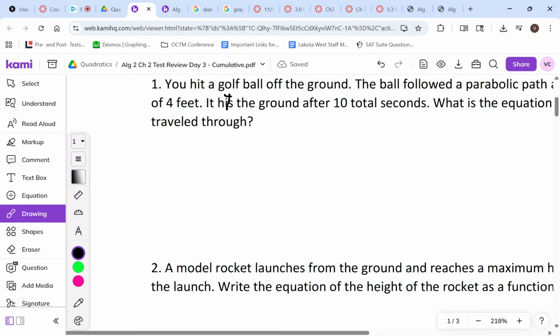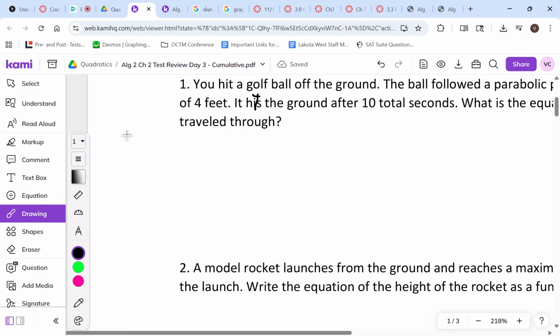So I'm going to use the information that I just read and kind of draw a graph. So we're going to start with, not the best line drawer. There we go. So the ball is being hit from the ground. So I know that it's going to start on the ground. And I'm choosing to have it start at 0, 0, because that's going to be the easiest for me to find the equation.